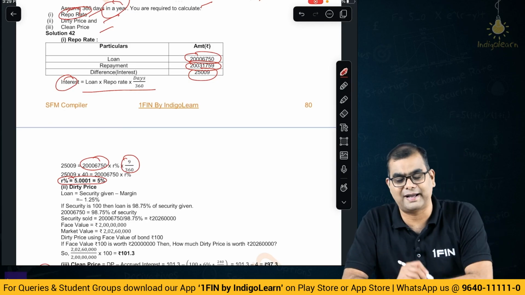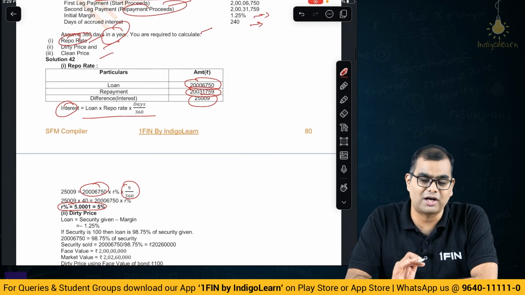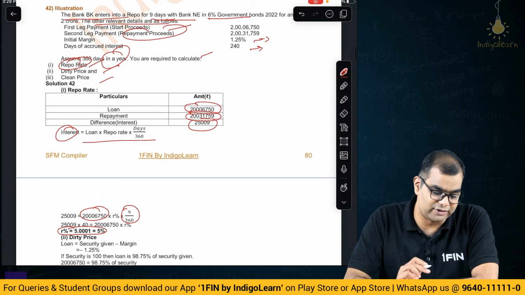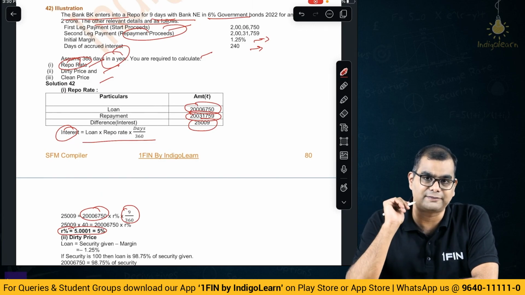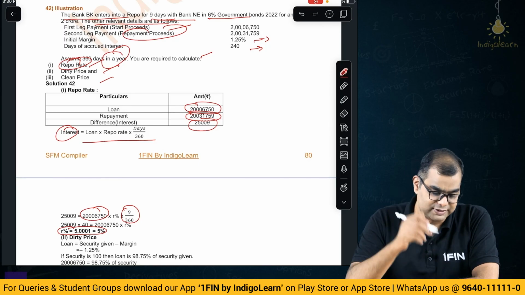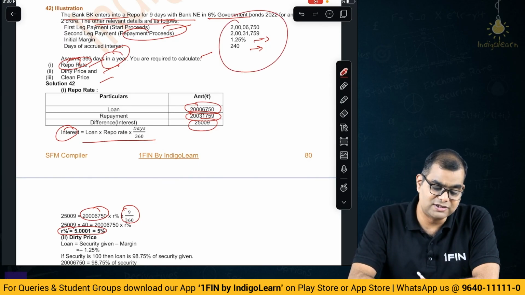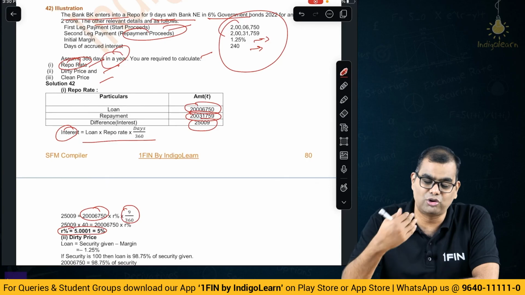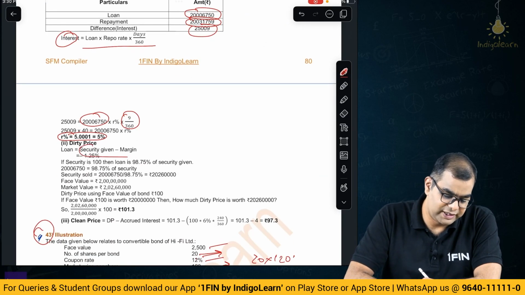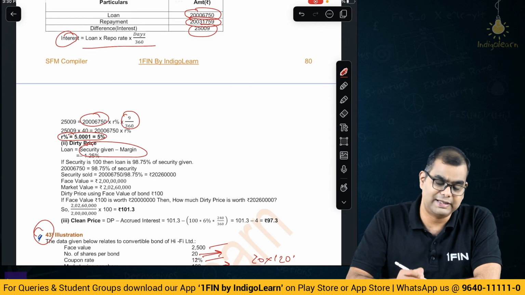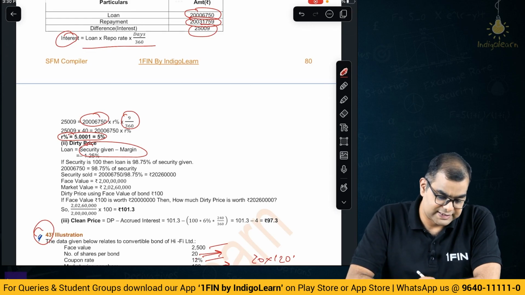But now you see what has happened in this whole repo concept, there is one point that you have to understand. You have sold a security and you are buying it back. This is the loan part, but there is also a security linked to this. So, what is happening is loan is security given minus margin. See the exact loan.